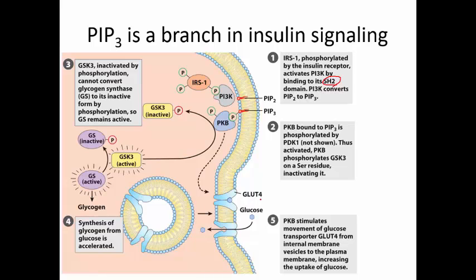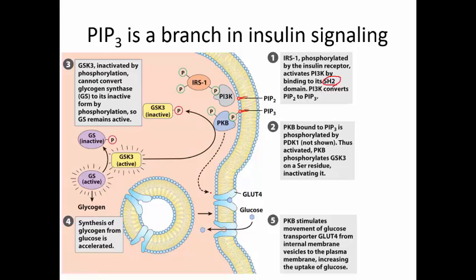We've seen GLUT1 and we've seen other GLUTs, but GLUT4 is a passive glucose transporter, so it's going to allow glucose to come in from presumably the bloodstream out here. That is going to increase the uptake of glucose, because glucose is high when we have insulin around. And you have to take the glucose up before you can use it.